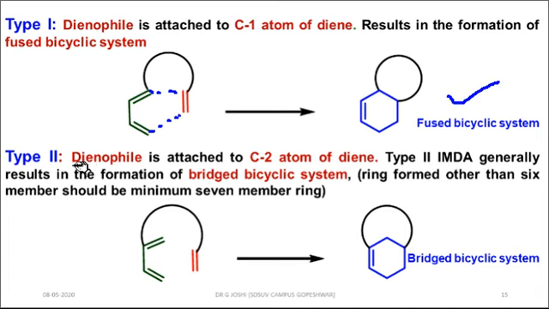Whereas in type 2, the dienophile is attached at C2 via a carbon chain, and after cyclization it will result in the formation of a bridged bicyclic compound. But one thing we need to remember is that in the type 2 cyclization process, the ring formed other than the six-member ring should be a minimum of 7-member or more.